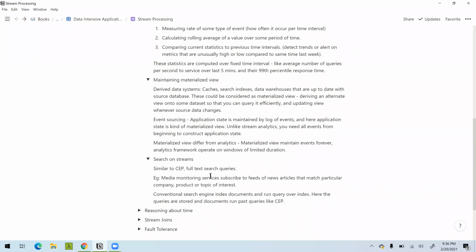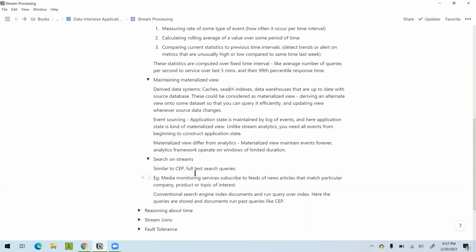Your search query, distributed systems, is stored in your system. Whenever new news articles or new research papers are published, they are matched against the stored search query, and if they match, you will be notified.